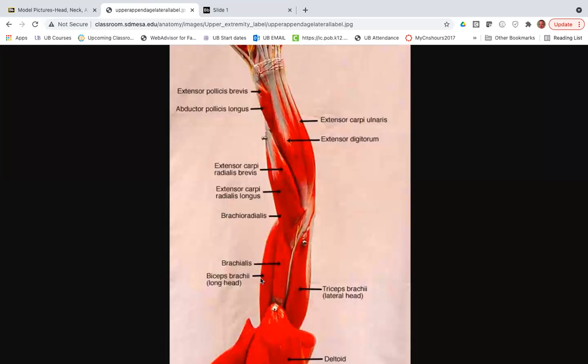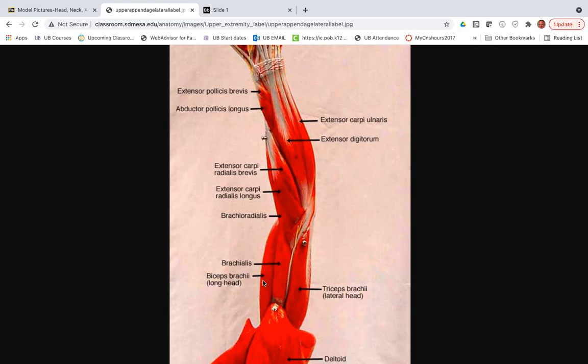Here's the biceps brachii, brachialis, and the triceps brachii. Now, the brachialis is a muscle that can flex the elbow, as does the biceps brachii, but the brachialis flexes the elbow and it's strongest in its pronated position.